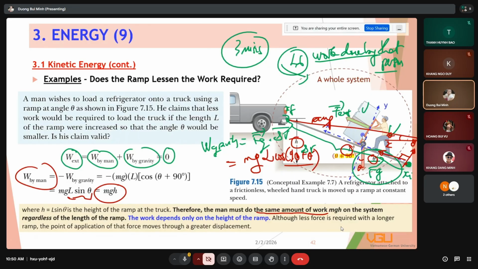Questions for you. We have electric motors, and this is a shaft.